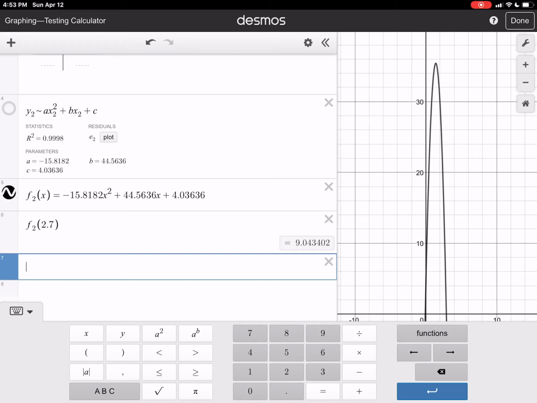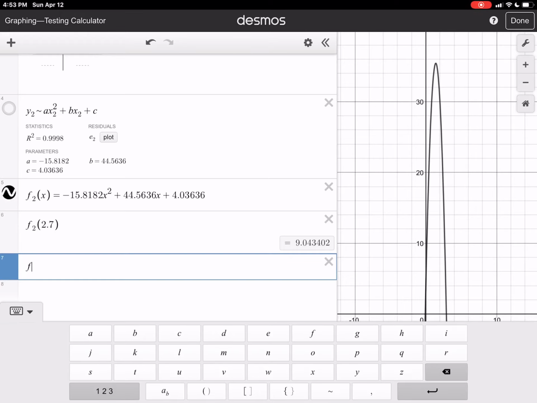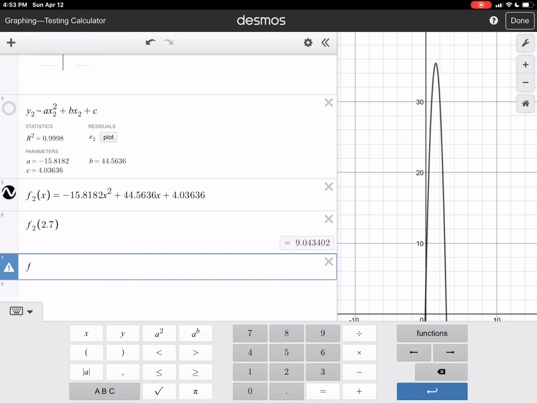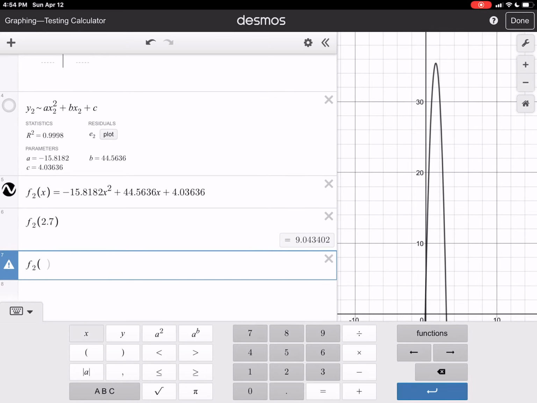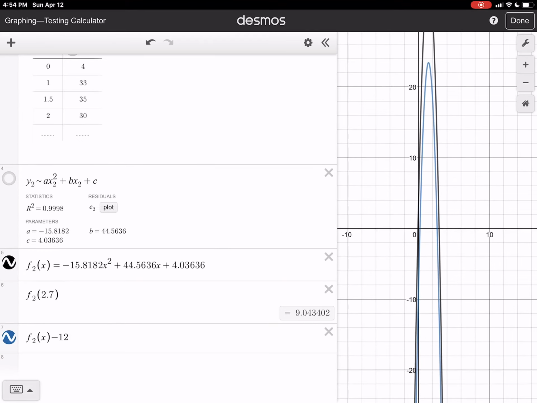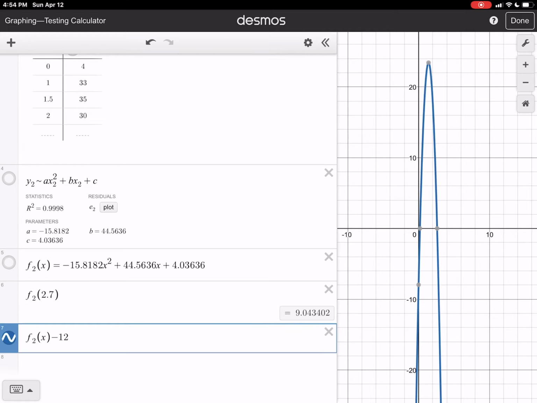So this will be my current equation minus 12. And I look at just my x-intercepts. It's either going to be 0.192 seconds or 2.6525.